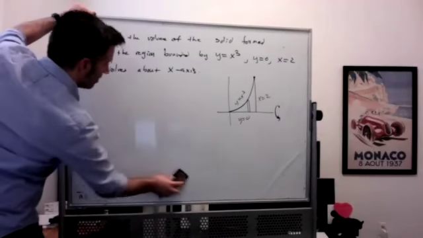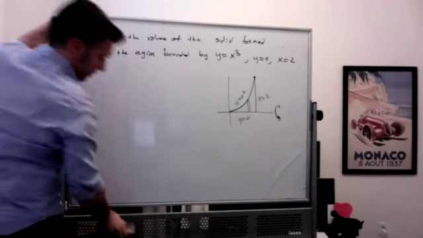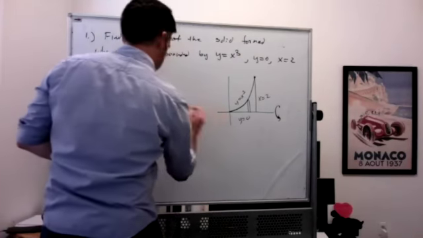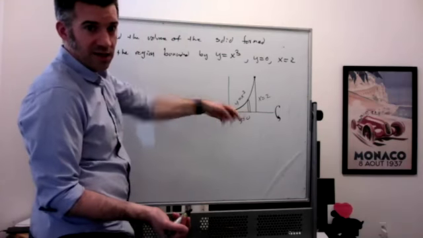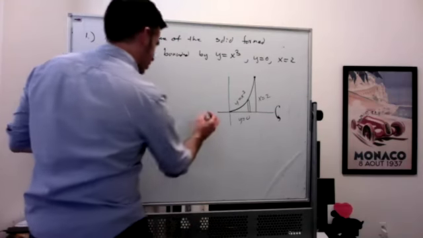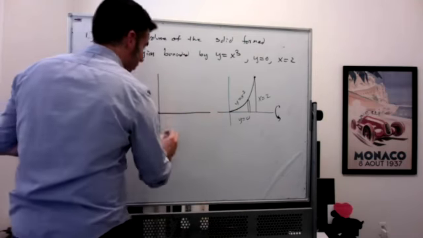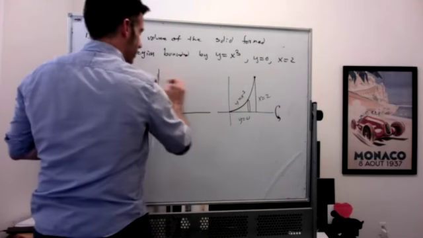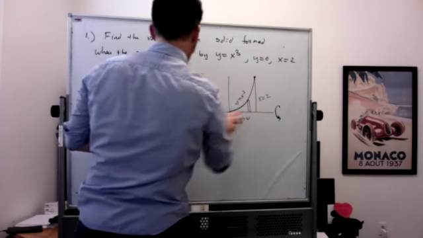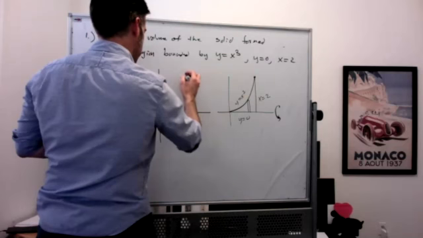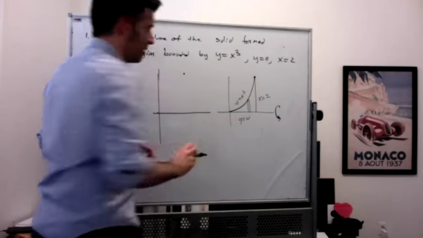So I'm going to erase this right here so I can kind of draw what's happening. So we're going to revolve this around the x-axis. I'm going to draw, and so this next picture you don't really need. You certainly are welcome to draw it, but you do not have to draw it. Now let's try to be precise here. Yeah, cool. So here's the way I'm going to draw this picture.